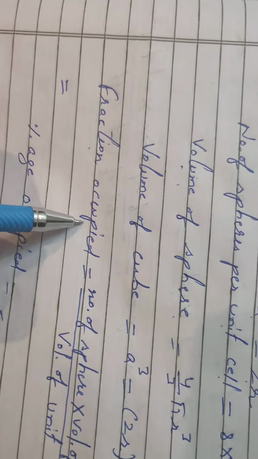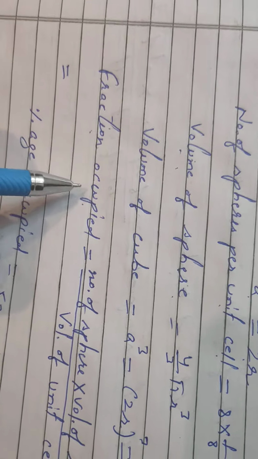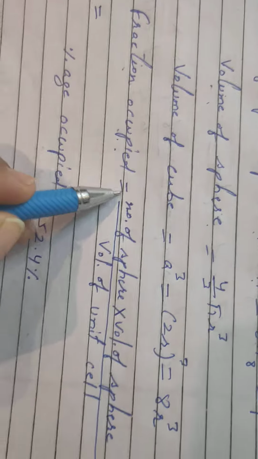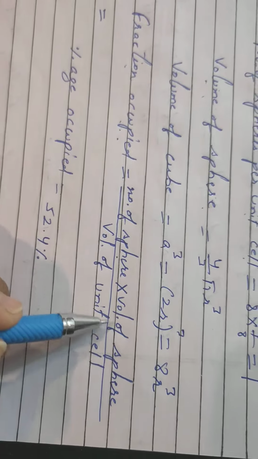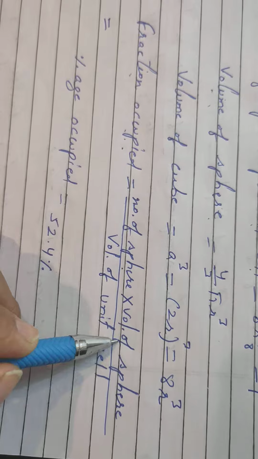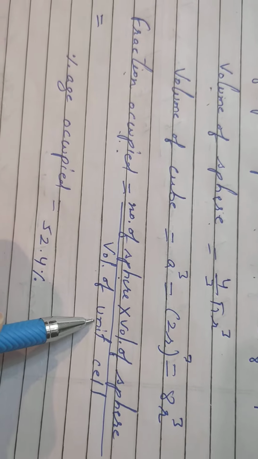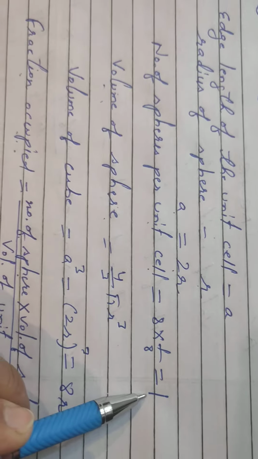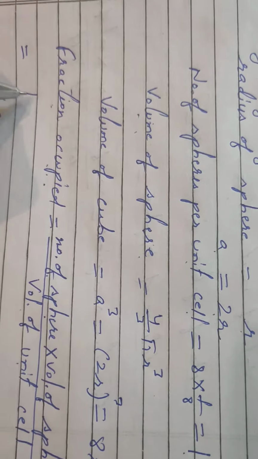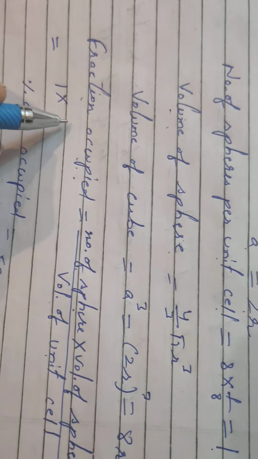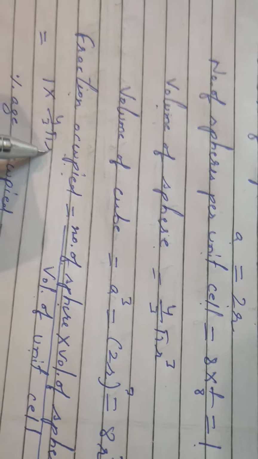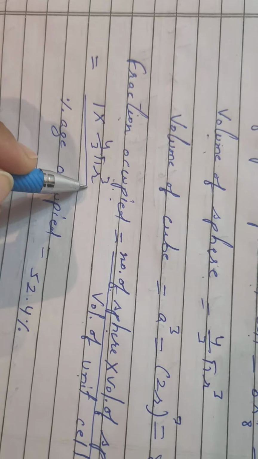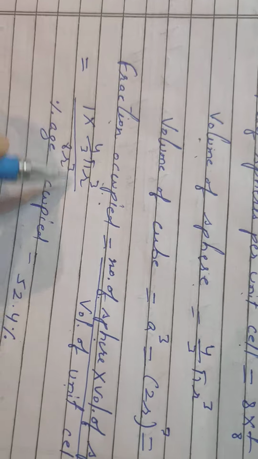Now the fraction occupied, fraction of molecules occupied per unit cell, that will be equal to number of spheres into volume of sphere upon volume of unit cell. Now number of sphere is equal to 1 for simple unit cell. Now volume of sphere is equal to 4 by 3 pi r cube. Volume of unit cell is 8 r cube.